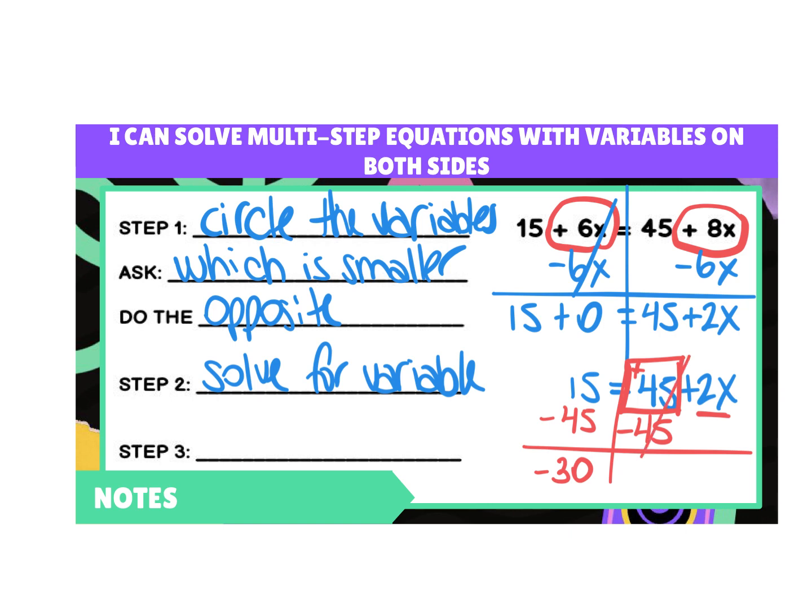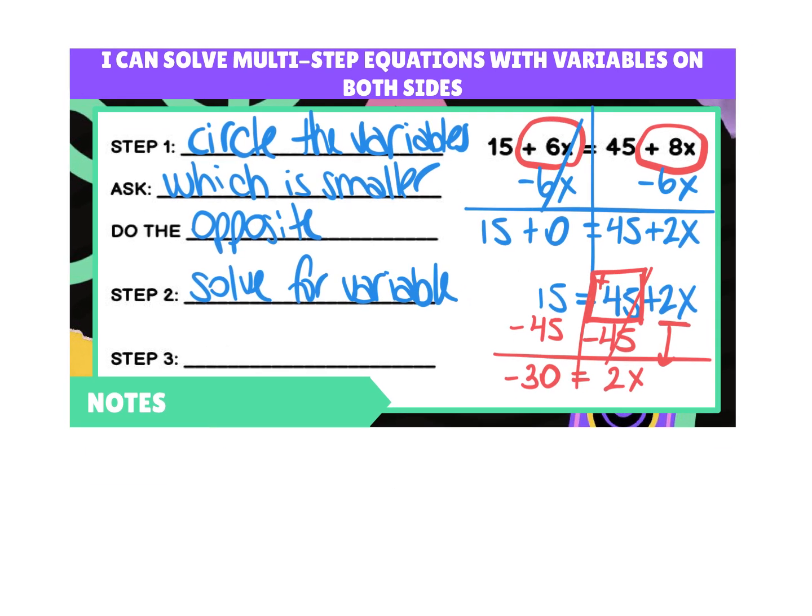This cancels, and then we're left with our 2x. Our last step, we're going to divide by 2 and by 2. So we're going to say x equals negative 15. For some reason, I don't trust myself. 15 minus 45, yep, negative 30.